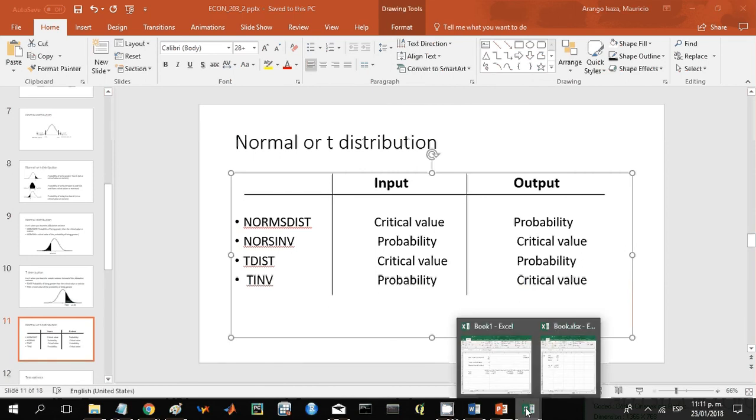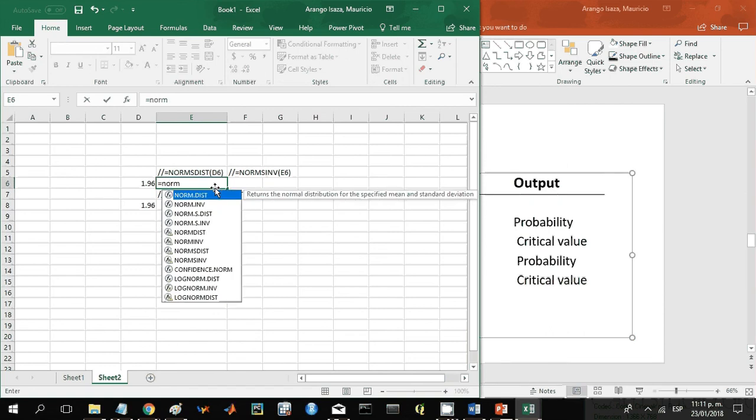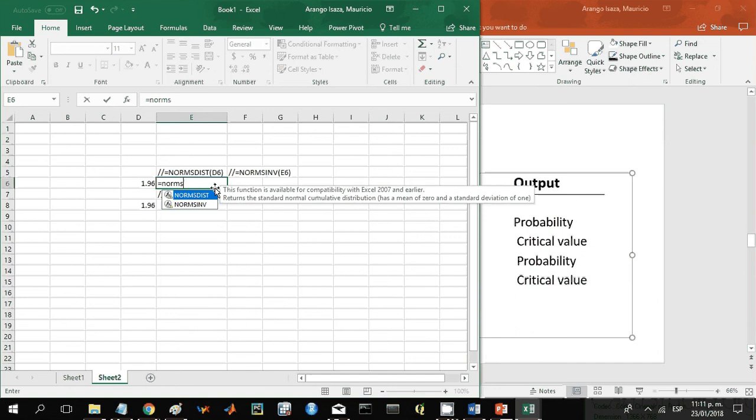So let me just show you briefly what it is that I'm talking about. If I go in here and I try this number that is very well known, 1.96, and I tell Excel, please give me the normal standard distribution of this number, it's going to give me the area to the left of that number.